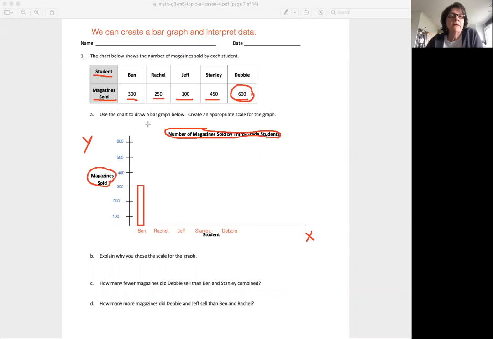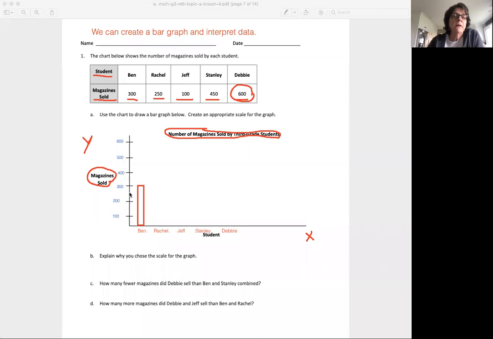Now, Rachel is a little bit more tricky. She sold 250. So 250 is not 200 and it's not 300. It will be halfway between 200 and 300. So I'm going to trace a line. Let's see if I can make a really skinny line here. Okay, 250.